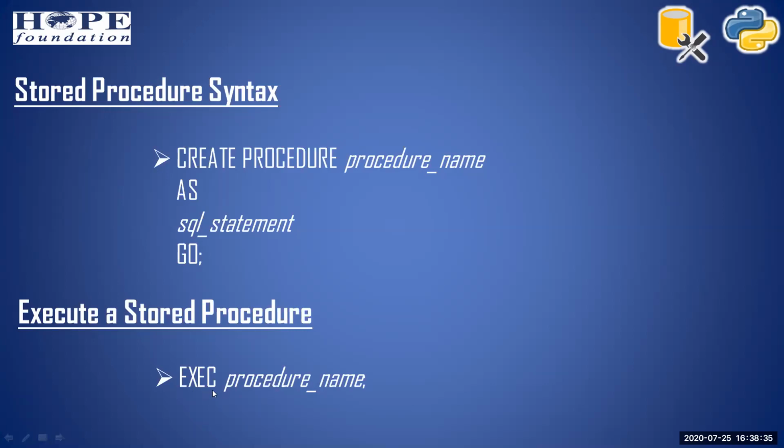There we used open and close parentheses for passing the variable. And here you have not used parentheses. You have to pass your procedure name directly. Okay, that's all. Let's see how to do that.